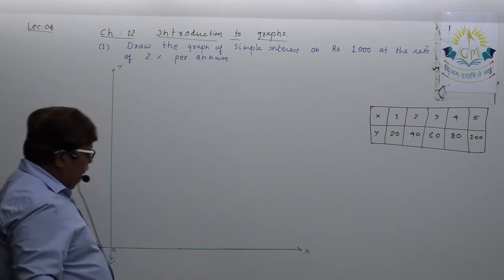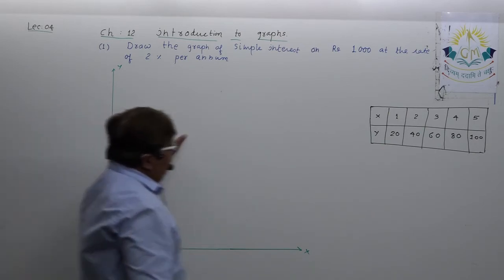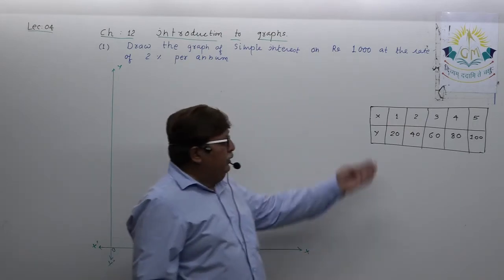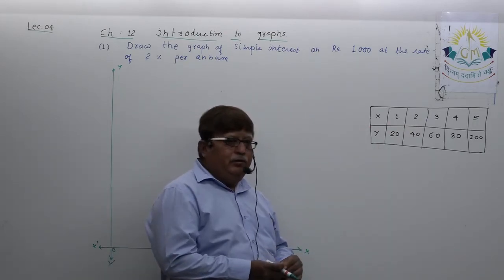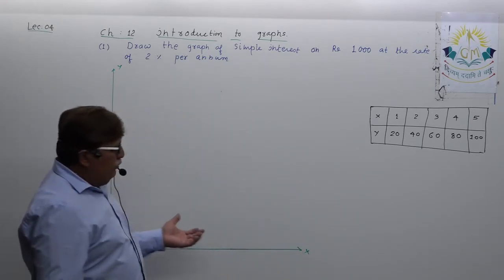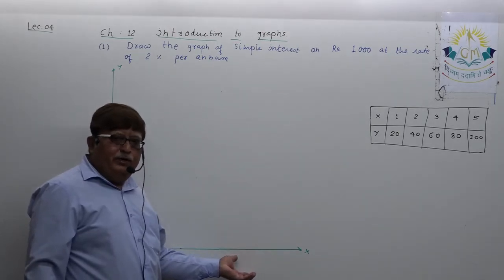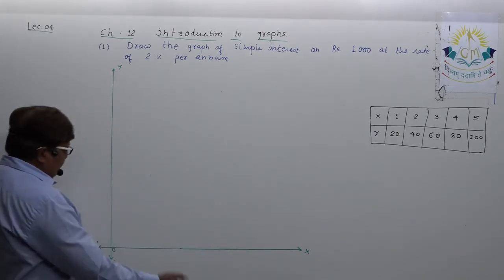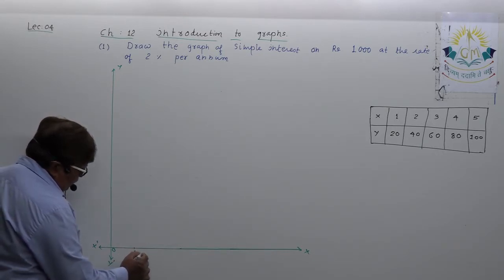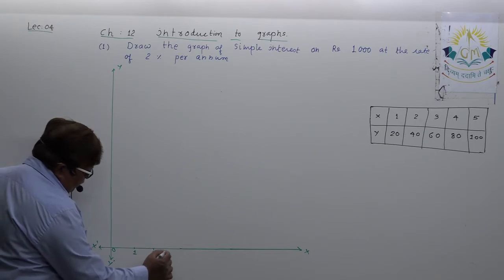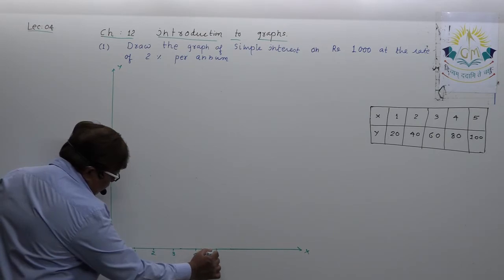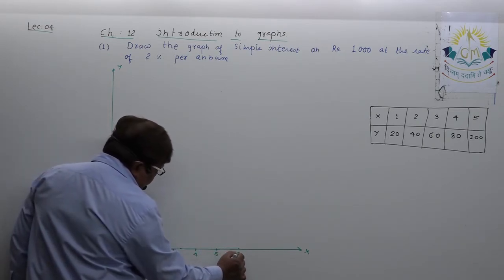Now, because you can observe that the values of X are simple integral values 1, 2, 3, 4 and 5, they do not require any scale on the X axis. Simply take box to box: 1, 2, 3, 4, 5, whatever boxes are available.